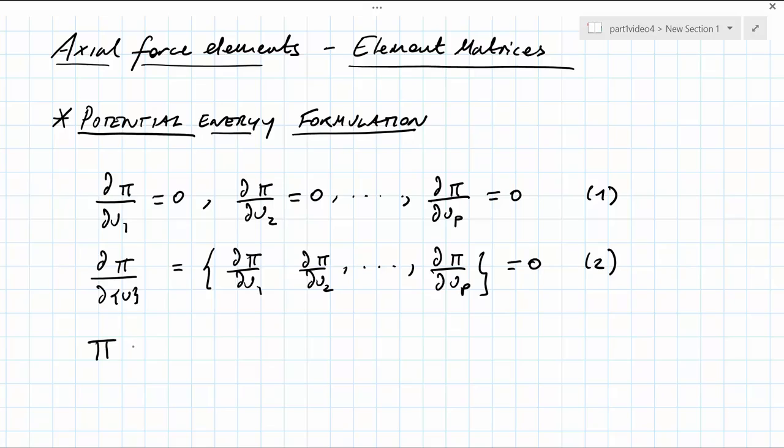Pi, which is total potential energy, for the system is equal to the summation over all of the elements E from 1 to n of the elastic strain energy, and we have the superscript E here to denote for each element, from which we subtract the work terms for the various loads from 1 to P, the work being the load times the displacement caused by that load, and remembering that the load and the displacement act in the same direction.